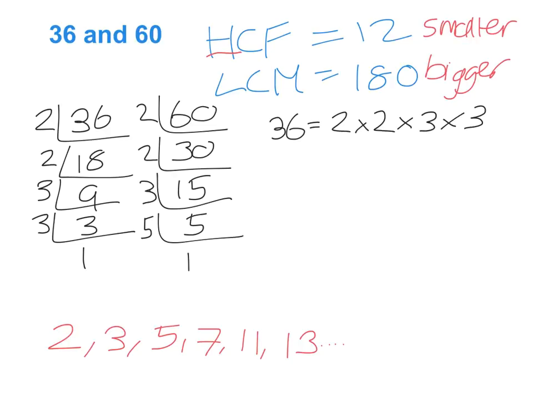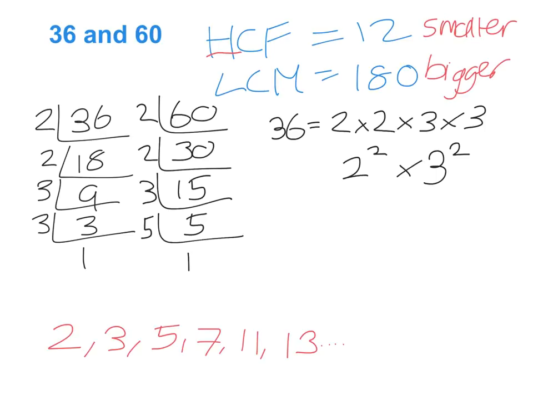Now, just as a side note here, and we're not going to do it in this case, but if you're doing just a product of primes question and it asks for the answer to be given in index form, you need to remember to give your answer like this: 2 to the power of 2, 2 squared, because there are 2 2's, and 3 to the power of 2, because there are 2 3's.